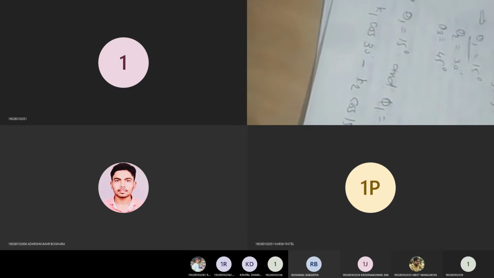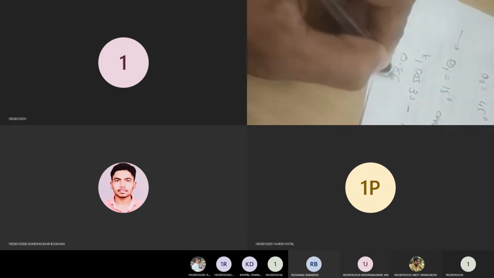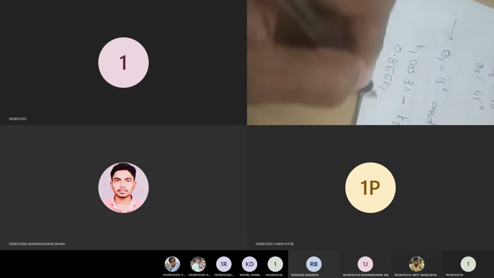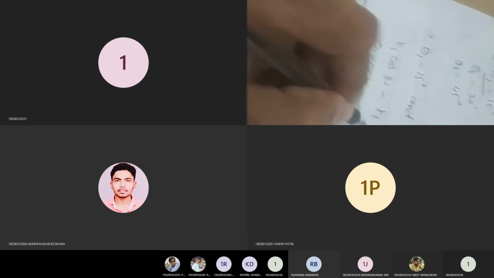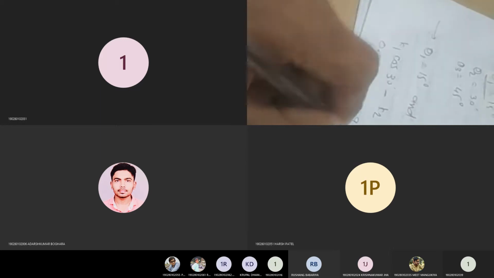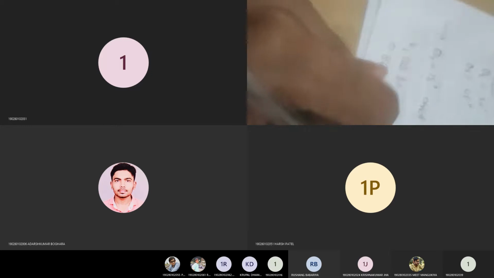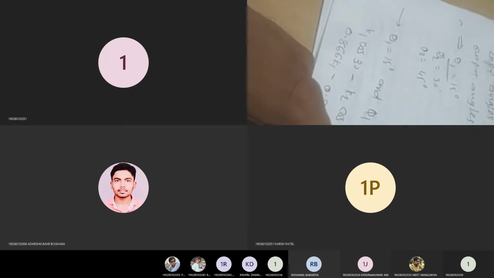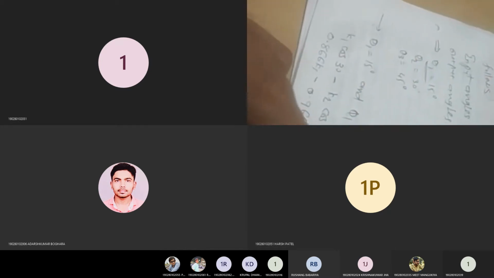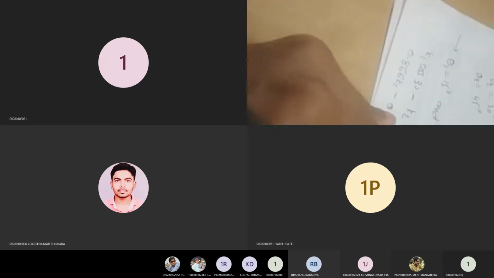We know that the value of cos 30 is 0.866. So 0.866 k1 minus 0.966, the value of cos 15, k2 plus k3 is equal to cos(15 minus 30). If you want to find the value from the calculator, then the value is 0.966.